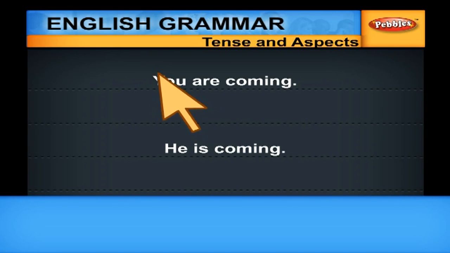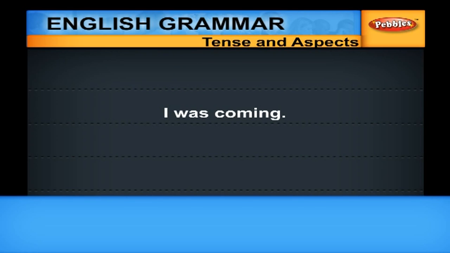Remember, you, whether it is singular or plural, has to be followed only by are, even if you refer to one individual. It is incorrect to say you is. It should be you are. I was coming. They were coming.